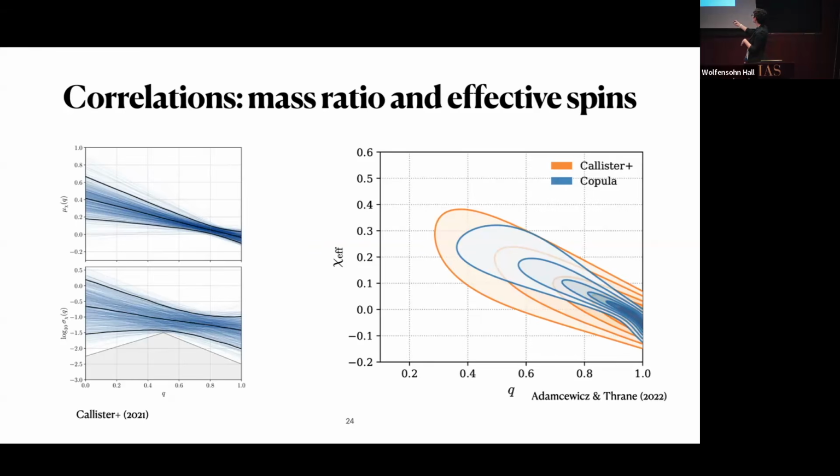And then in blue is from this work by Christian Adamsewicz and Eric Thrain, where they also fit for a correlation, but instead of a linear correlation in the mean and standard deviation of chi-effective as a function of Q, they fit the correlation with a copula model, and they end up finding something pretty similar there.